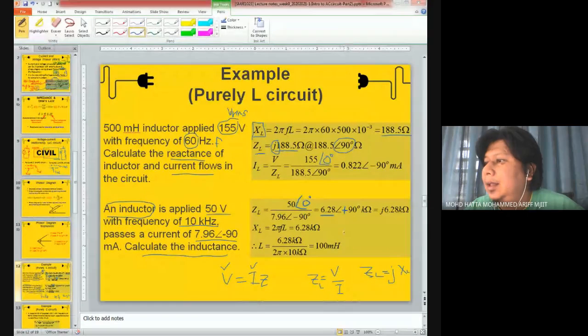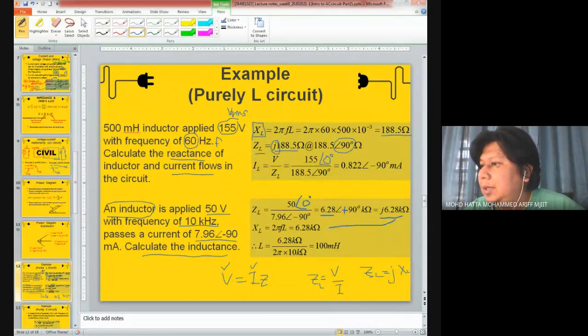Okay, and since this angle is a positive value, you can convert your impedance value as J 6.28 kilo ohm.